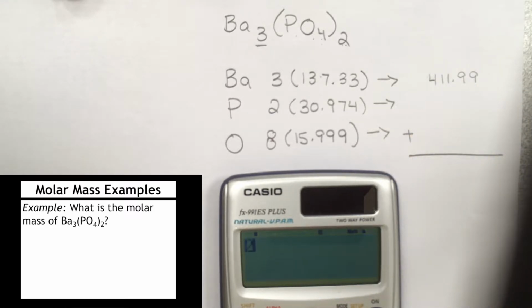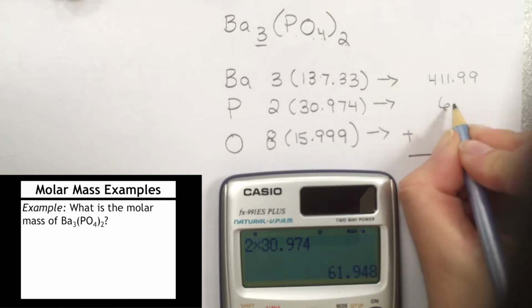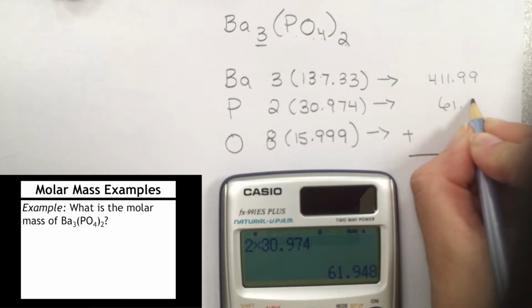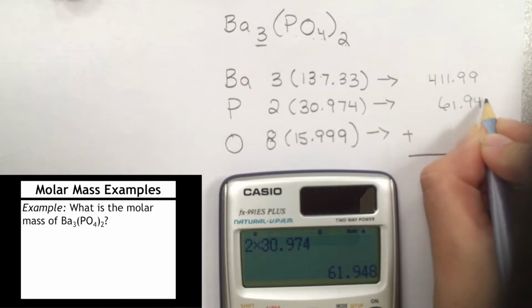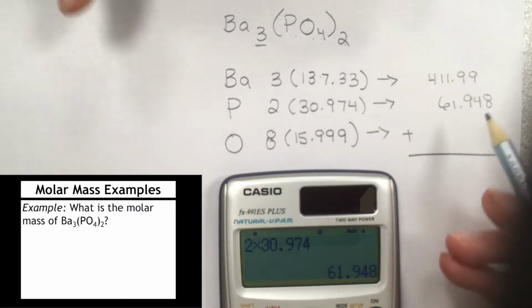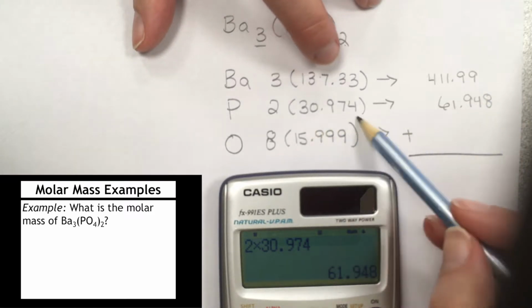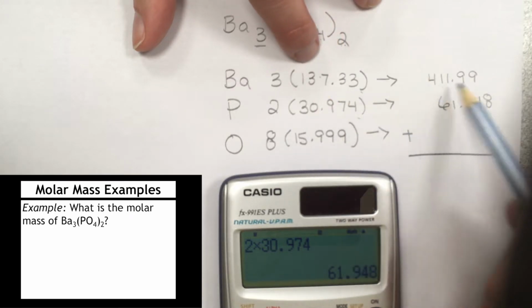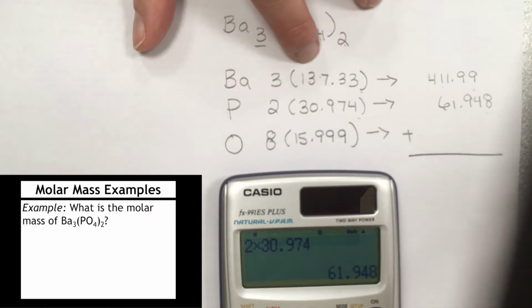Okay, next, phosphorus, 2 times 30.974. I am checking my significant figures as I do this. There's 5 here, there's 5 here, there's 5 here, there's 5 here, so I haven't changed anything from my calculator.